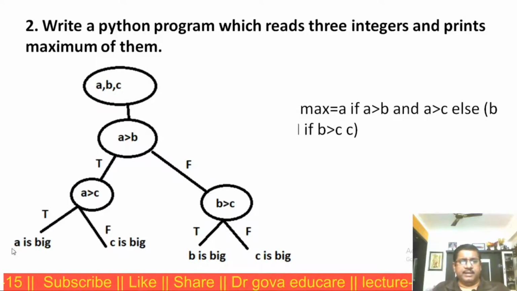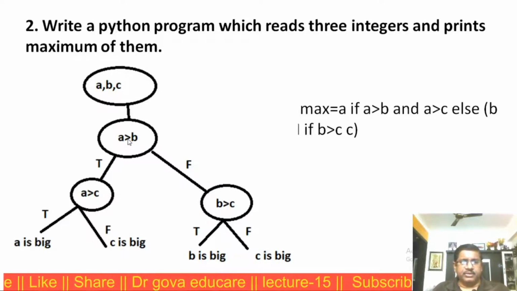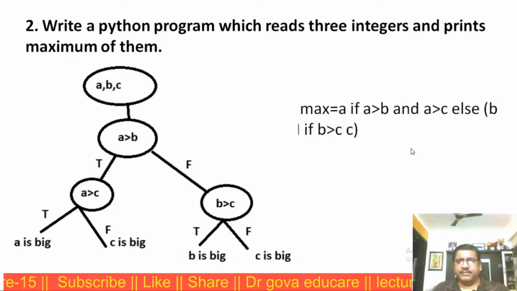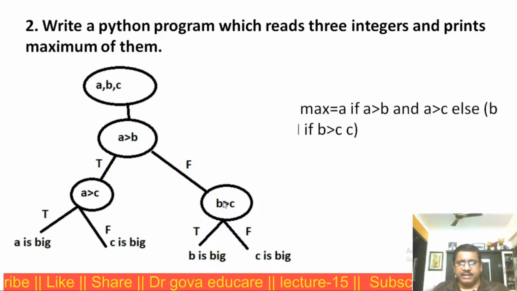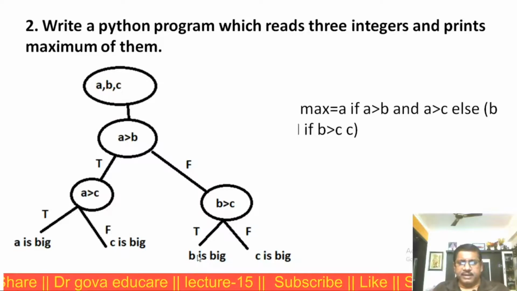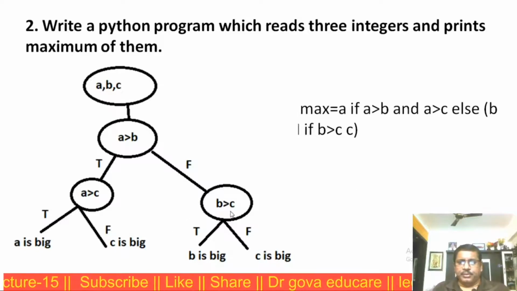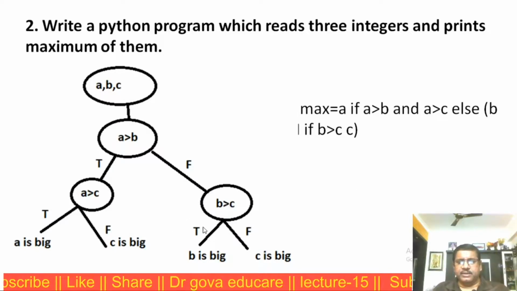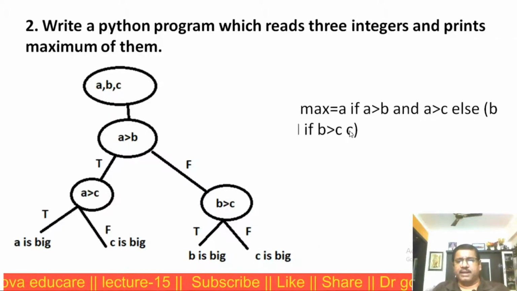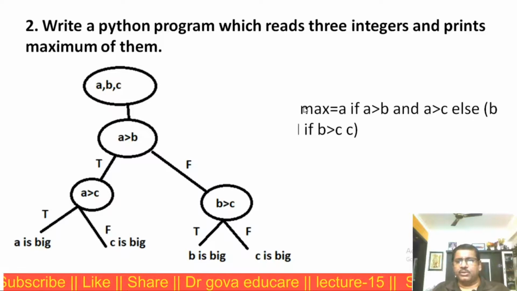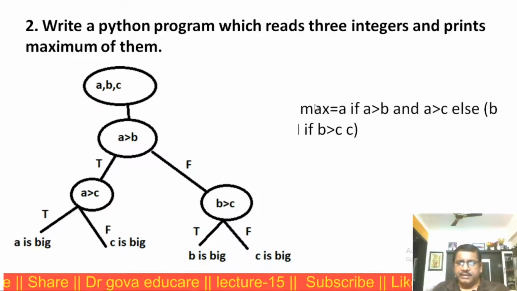When a is big, the condition is true: if a greater than b and a greater than c is true, a value is considered. Else, this is the condition: b greater than c, true, b; false, c. That is, the value c is assigned to max, the value b is assigned to max, or a is assigned to max.